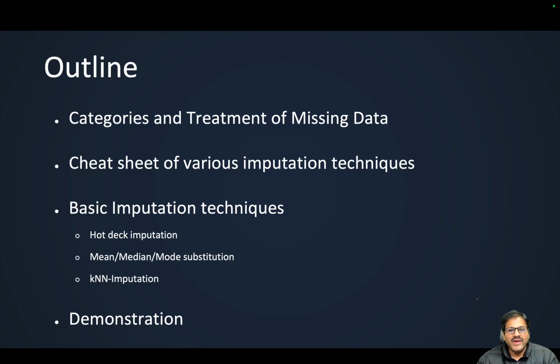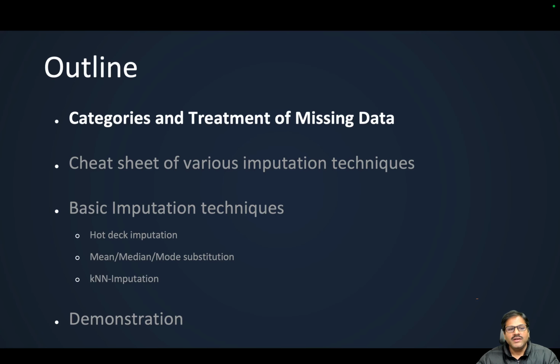Third, we describe 3 basic imputation techniques in detail with an example for each technique. Finally, we provide a demo of the imputation techniques using the real world data.